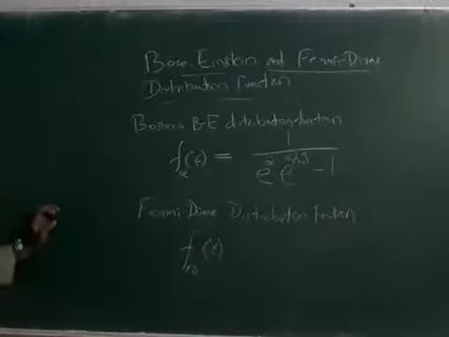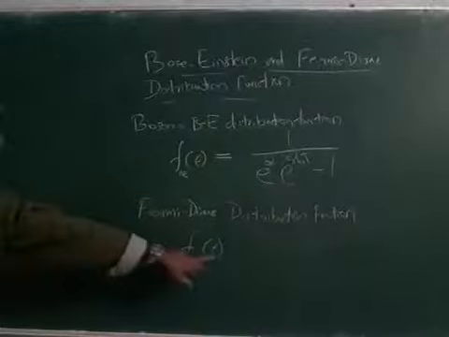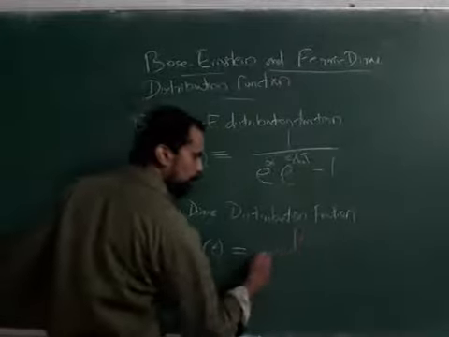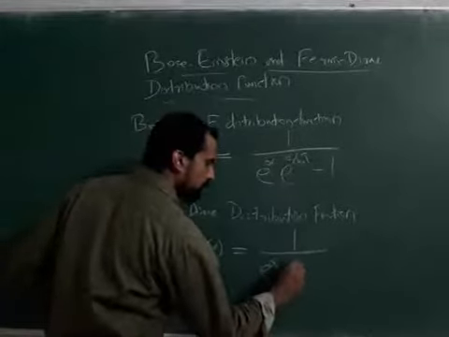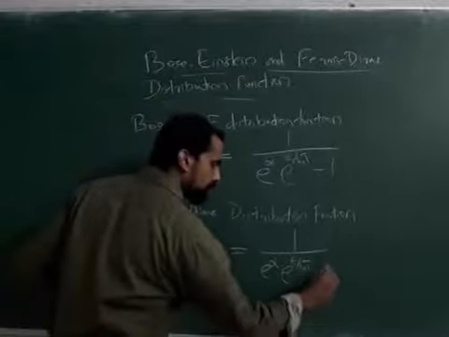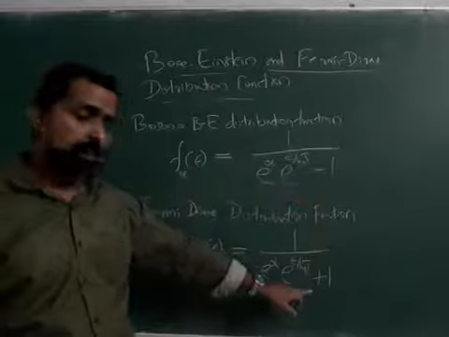That is the probability of a particle occupying a state of energy level epsilon, equal to 1 by e raised to alpha, e raised to epsilon by kBT, plus 1. So this is the difference. Here you have minus 1 and here it is plus 1.